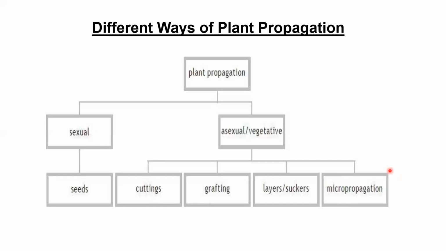What is micropropagation? If you see, propagation we discussed already: increasing the number. Micro, why do we say micro? Because we carry out this process at a size of the plant that is way smaller. Micro means smaller.